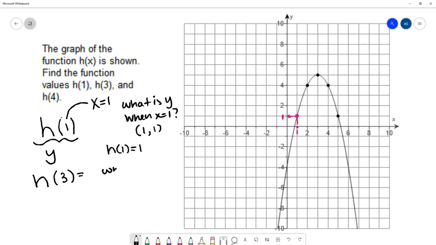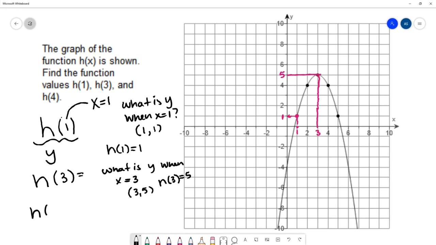We want to know what is y when x is 3. So we're going to go to where we have 3 on our x scale. We're going to go find our graph and then find our y value. So that gives us a y value of 5. So on our graph we have the ordered pair (3, 5), and we have h of 3 equaling 5.